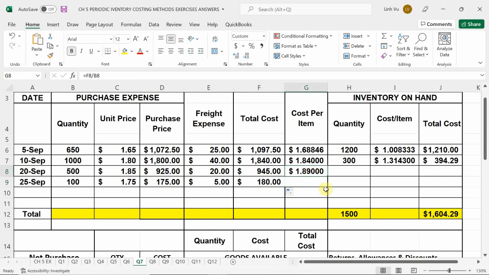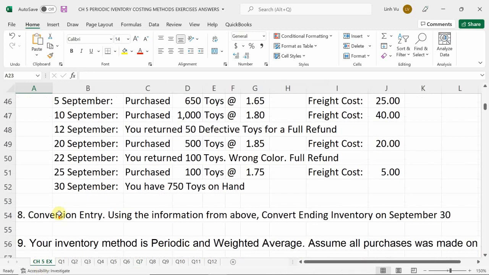Bringing you your total cost per item to be $1.80. Good.